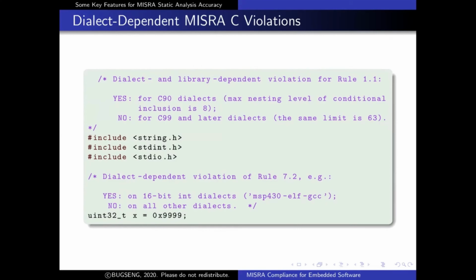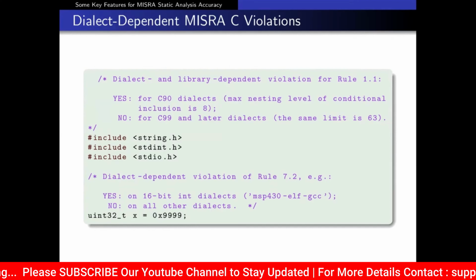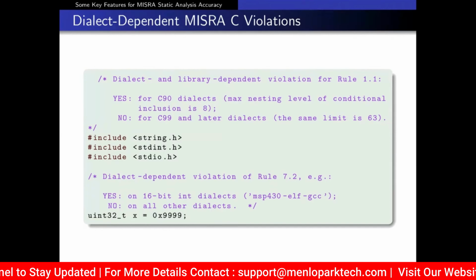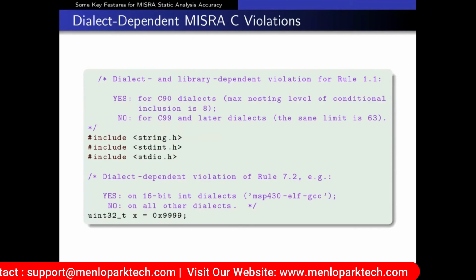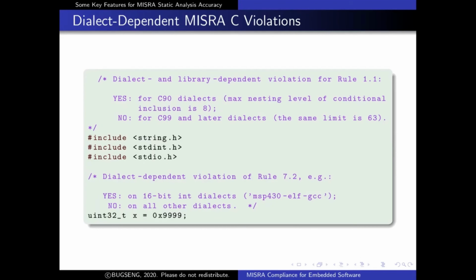First example: a dialect and library dependent violation for Rule 1.1. Rule 1.1 of MISRA C 2012 says that you have to stick to a certain version, which you can select, of the C standard. Your compiler will typically implement one of the versions of the C standard, maybe C90, C99, or C11. In this case, I'm showing a violation in C90.